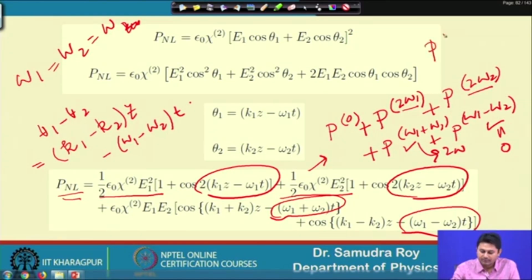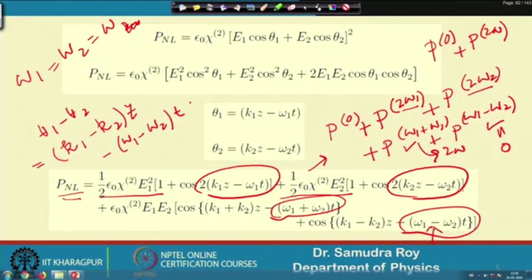So, eventually we have P 0 plus P of 2 omega, that we have already figured out in our previous calculations. So, if omega 1 and omega 2 are the same, we should have the same frequency component. The difference term here does not make sense, because if the two frequencies are the same, then there will be no frequency component at all, and the null frequency component is nothing but the difference of the two frequency components.